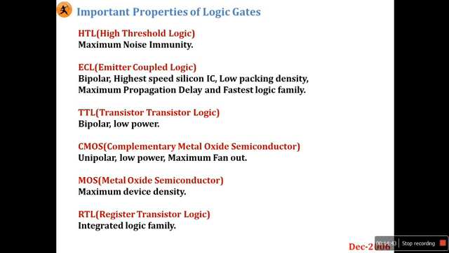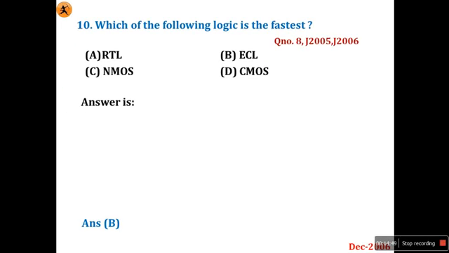Means you should perfect these gates, you'll definitely get one question. At least you should know which questions are very important, which questions come frequently, on which topic and which concept they will ask the same question frequently. So you should be thorough in those concepts. That's very important. So which of the following logic gates is fastest? It is a characteristic, every time it changes.